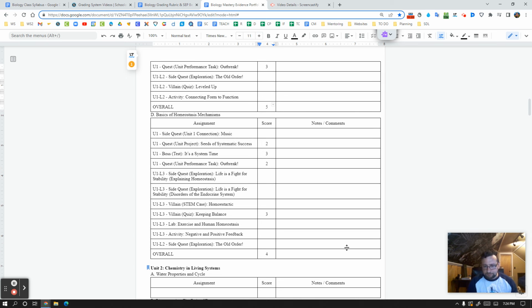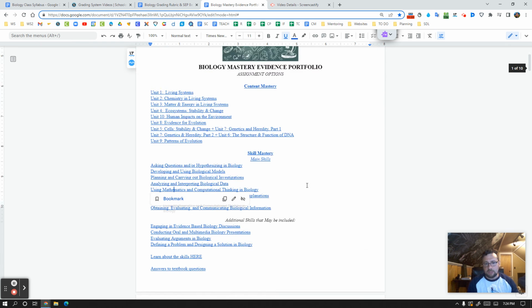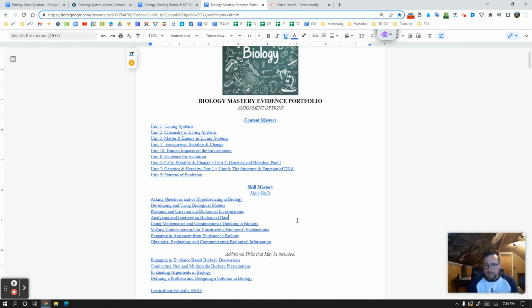Now remember, the same thing applies to the skill mastery, right? So let's say you went through the unit and you had opportunities to do a bunch of different things. So all these skills, and let's say 4 or 5 skills were assessed. The same process happens.